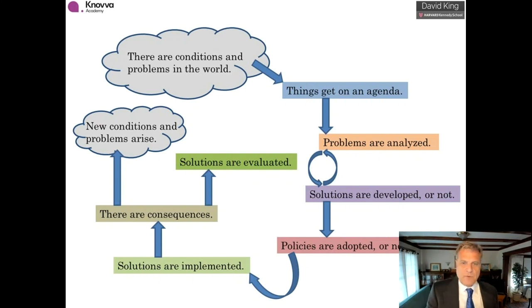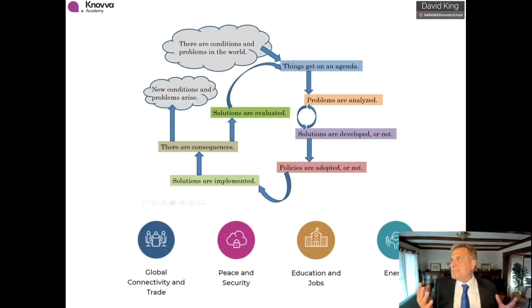Solutions have to be implemented, and then they have to be evaluated, and you need to get it back on the agenda. We also realize that anytime there are consequences, you're changing the world as we know it. In unanticipated ways, certainly there are going to be new conditions and then new problems that arise. So that's the broad scope of a policy process model.